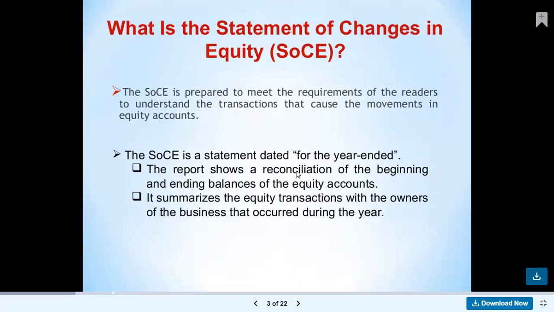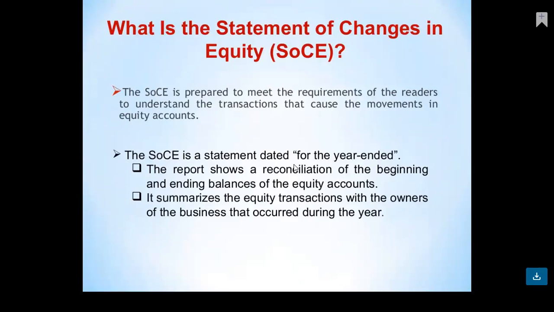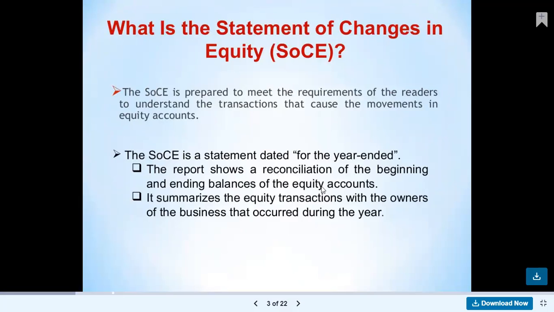Among the three, we have the statement of financial position, the statement of comprehensive income, and this is the third one, the statement of changes in equity. Take note that the statement of financial position is always as of the year ended. The report shows a reconciliation of the beginning and ending balances of the equity accounts. Also, it summarizes the equity transactions with the owners of the business that occurred during the year.